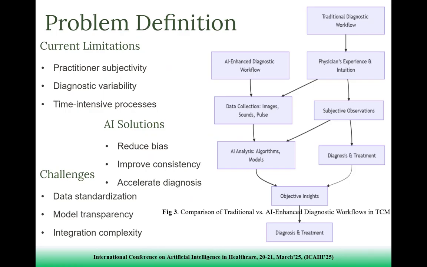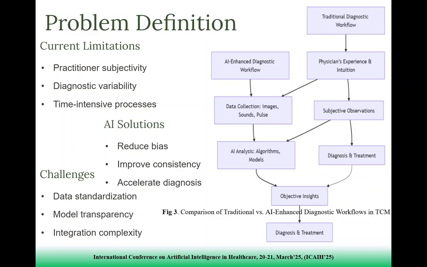So the problem is that currently practitioners diagnose patient symptoms very subjectively. Subjectivity is a practitioner problem. And then there are diagnostic variabilities: with the same symptoms and the same input information for diagnosing, different practitioners could have different treatment plans for the patient.